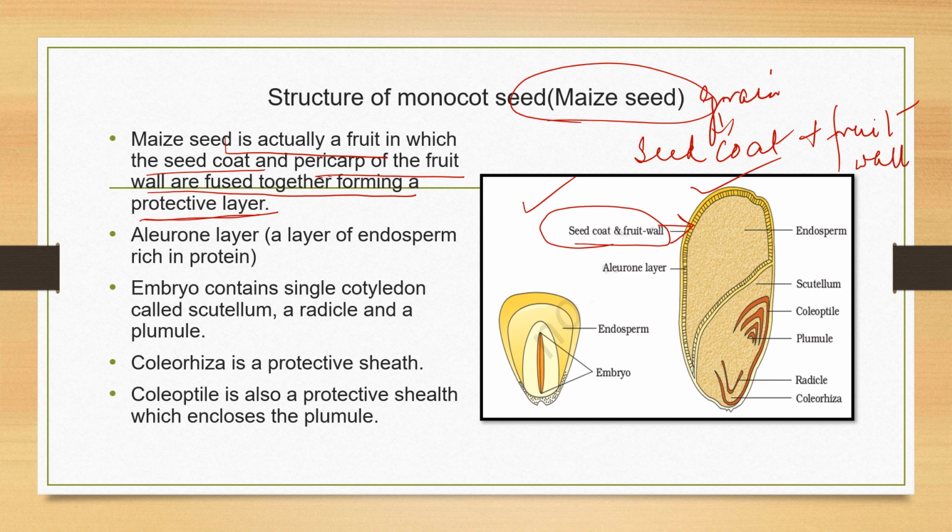Now if we look into this maize grain or corn, we will find a small light colored oval shaped area at one side.